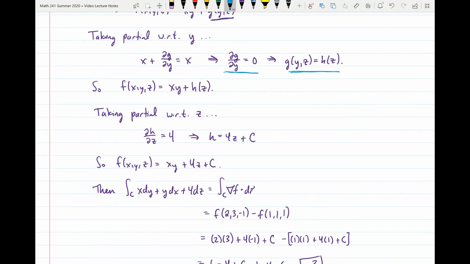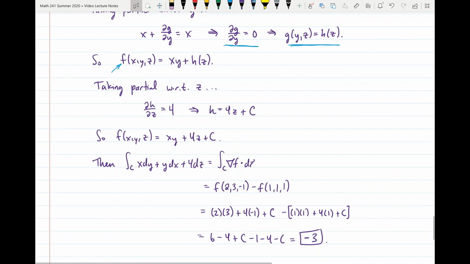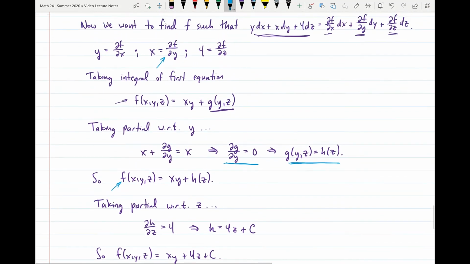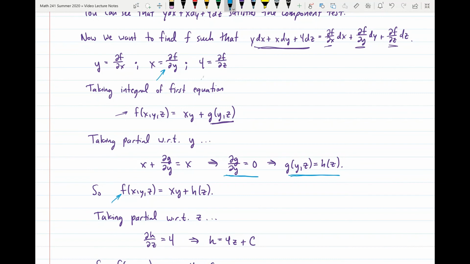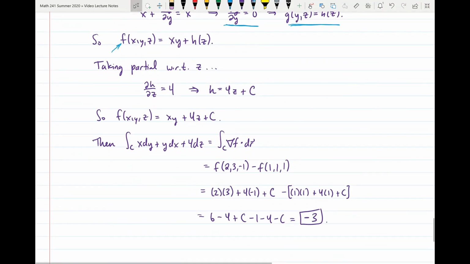And now we can take the partial derivative of this new concoction for f with respect to z, and we just get the partial derivative of h with respect to z, and we set that equal to 4 because that's what we expect the partial derivative of f with respect to z to equal. And again, at this point, partial h with respect to z is just equal to dh dz because it's a function of a single variable.